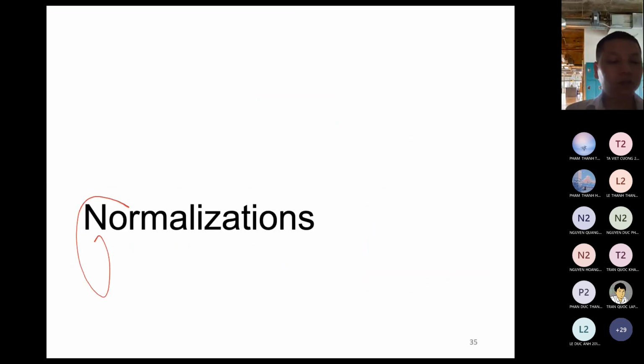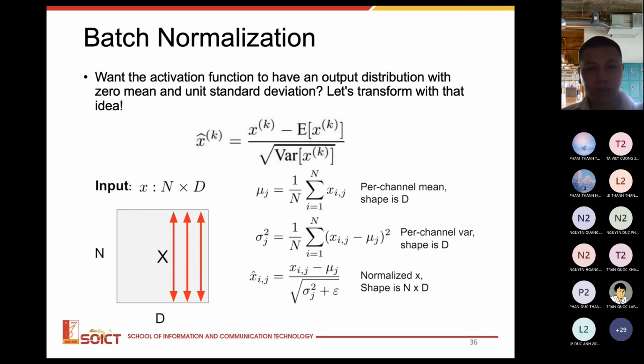Okay, so now we discuss normalization. First, batch normalization. We want the activation function to have an output distribution with zero mean and unit standard deviation.